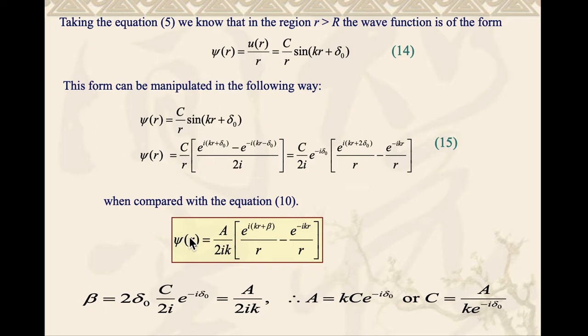So you got two equations, and now you can compare them, and you can see that beta equals 2 delta 0, and A by 2ik equals C by 2i e raised to minus i delta 0. From that you can write either A as kC e raised to minus i delta 0, or C as A by k into e raised to minus i delta 0. So which value you have to use, A or C? You can use these equations.